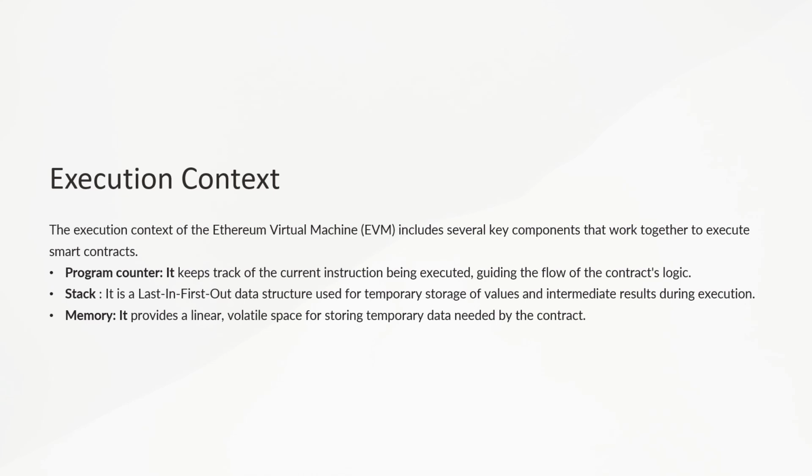LIFO, or last in, first out, is a method for managing data in which the last item added is the first one to be removed. The memory provides a linear, volatile space for storing temporary data needed by the contract. Finally, the available gas tracks the remaining computational resources, ensuring the deterministic and efficient execution of smart contracts.